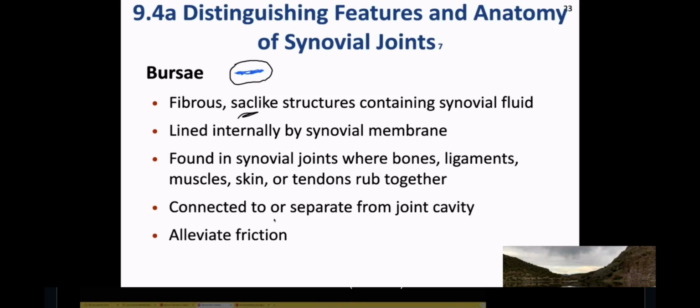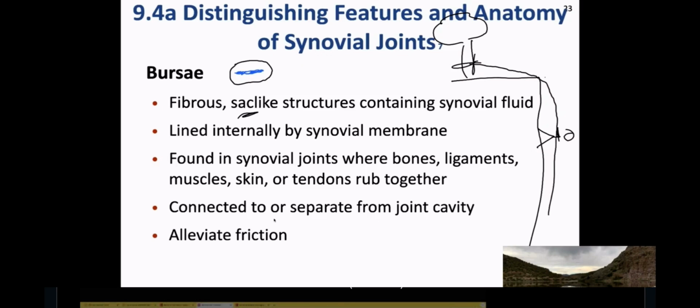And the best way to understand bursa, if I was going to go rappelling down the side of this cliff, and I had my little tree up here I was going to tie my rope to, if I just took my rope and tied it around the tree, what's going to happen right there?